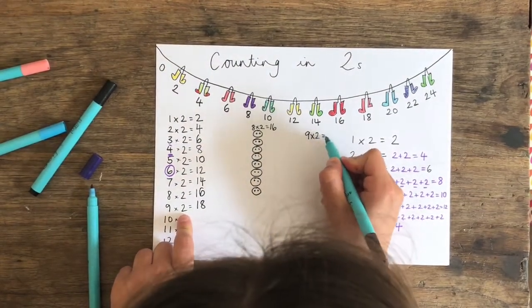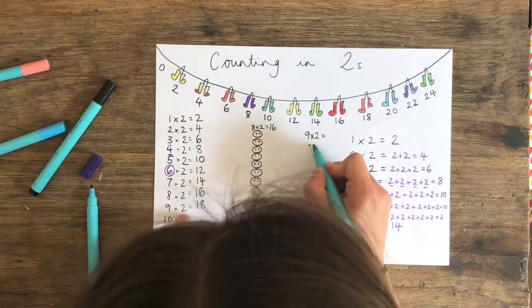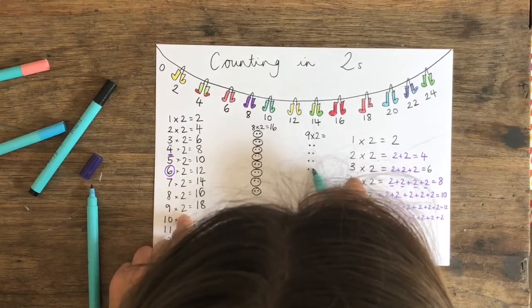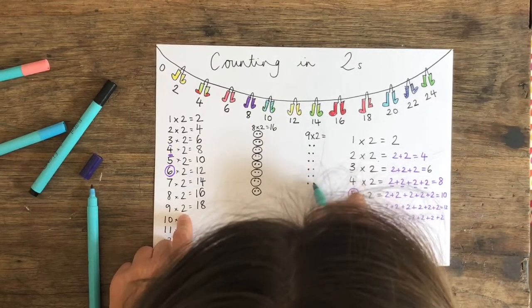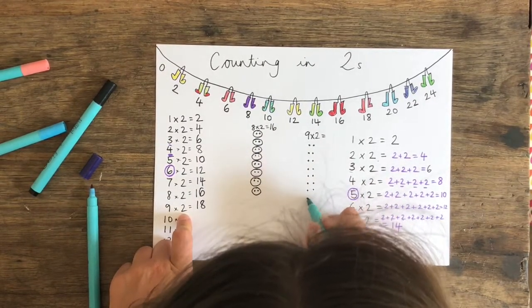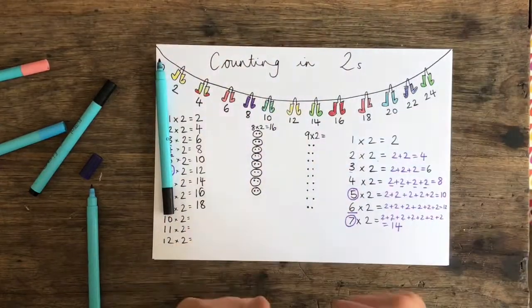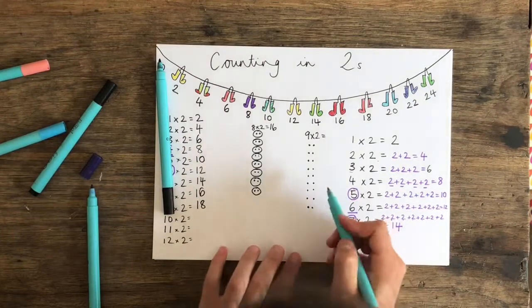2. You're right, 2. So there's 1, 2, 3, 4, 5, 6, 7, 8, 9. So I've drawn 9 sets of 2 dots. I'll show you now.